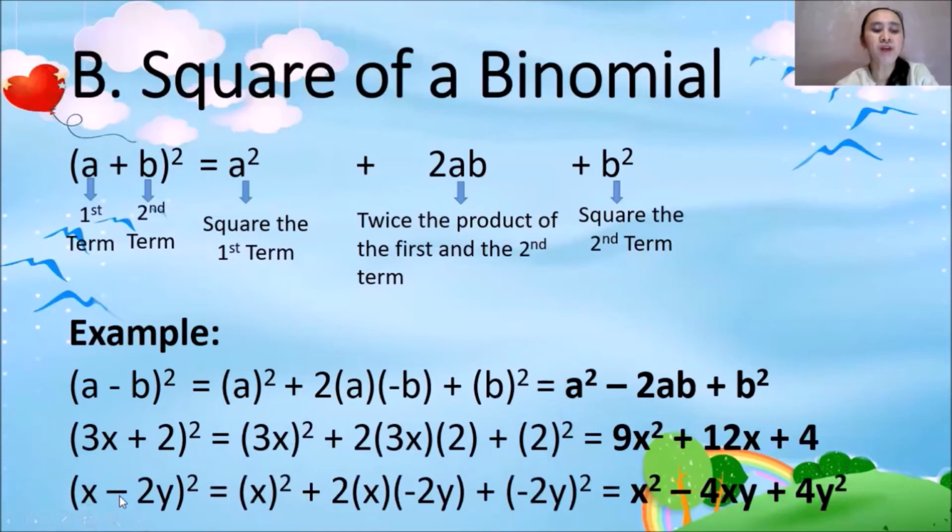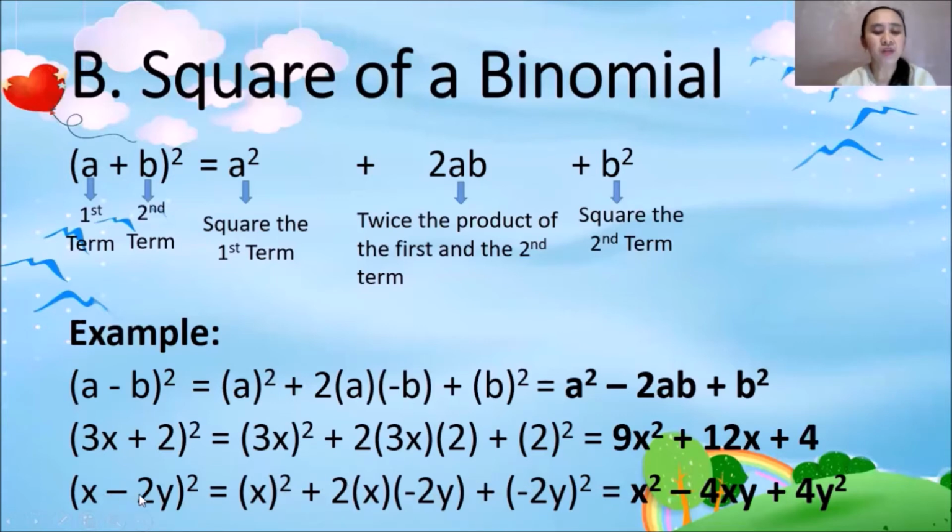Last example, the quantity of x minus 2y squared means the quantity x minus 2y times the quantity x minus 2y. Again, I repeat, you can still use the FOIL method to get the product. But it is better to follow the proper shortcut computation of special products. So, the quantity x squared means x times x. Then, multiply x times negative 2y times 2. Twice is 2.